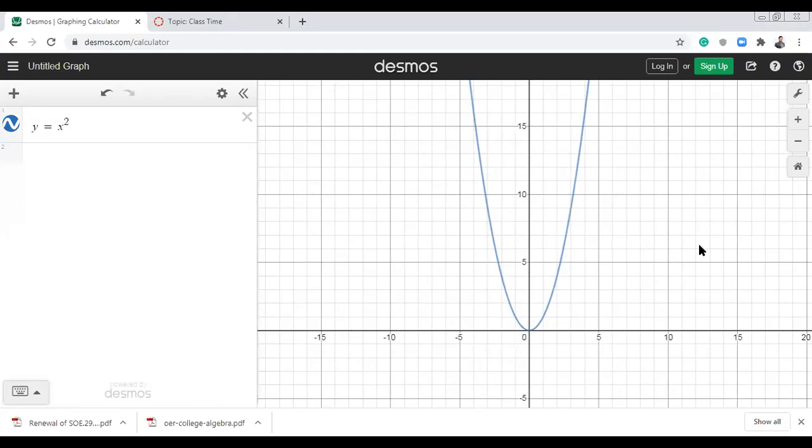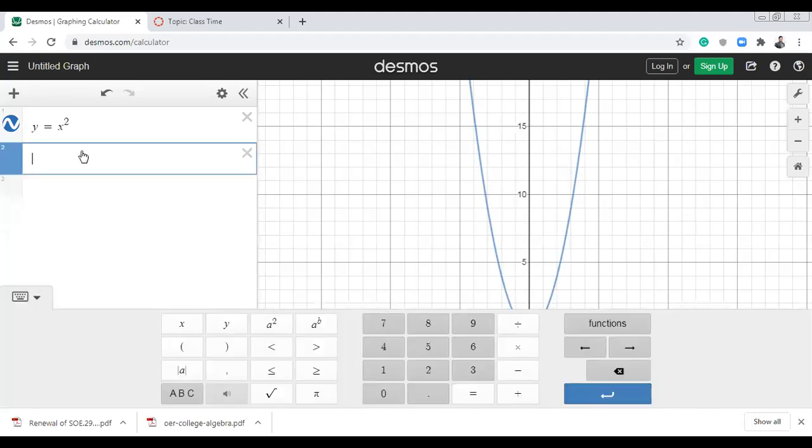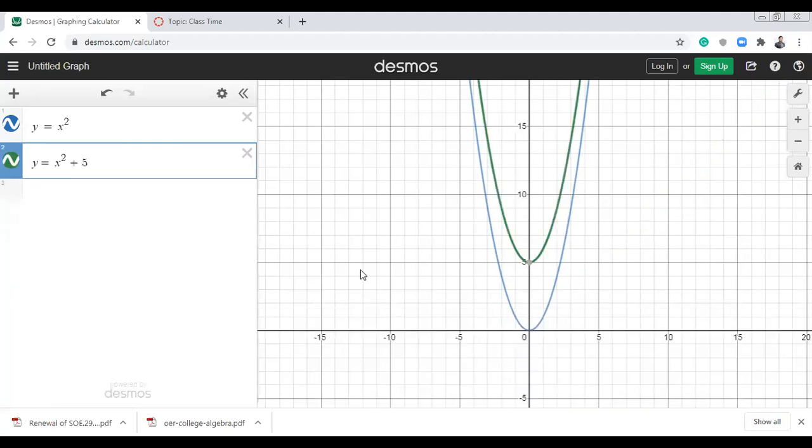Now, if you want to shift this graph 5 units upward, you need to add 5 to the function. Y equal to x square, this is our original function. Now we want to add a plus value like plus 5. So now you can see the second graph. It started from 5. It is 5 units upward.